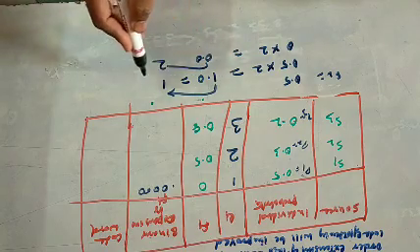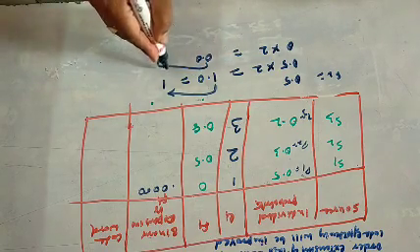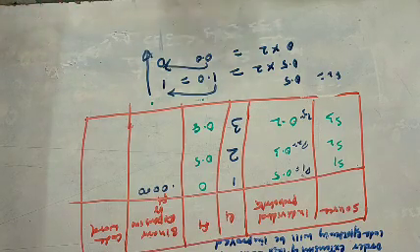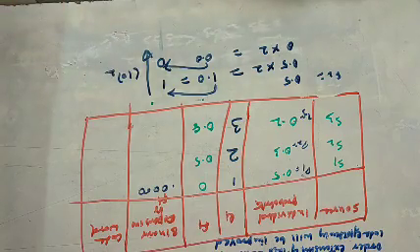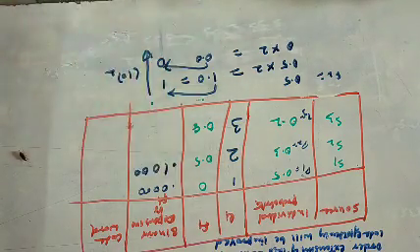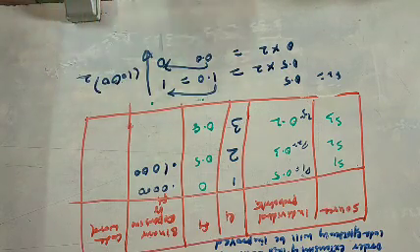From top to bottom, you have to consider the carries. So I will write this as .1000 in base 2. If you continue, it will further be 0, 0, 0.